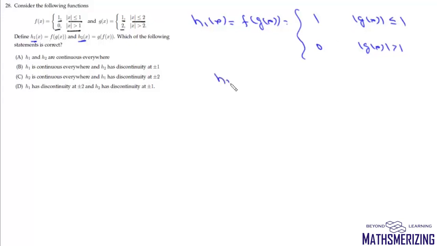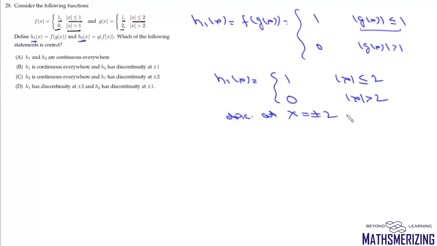So that means we can write h1(x) as 1 when g(x) is equal to 1, that is when |x| is less than or equal to 2, and it will be 0 when g(x) is 2, that is when g(x) is greater than 1, so when |x| is greater than 2. So this function is discontinuous at x equals plus or minus 2. So h1(x) is discontinuous at plus or minus 2.